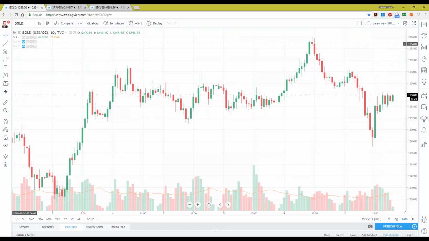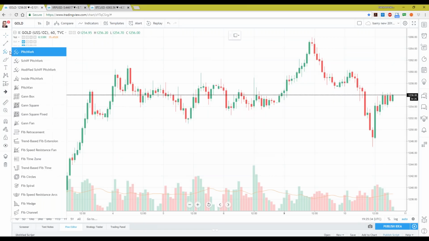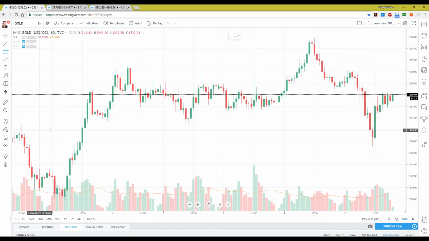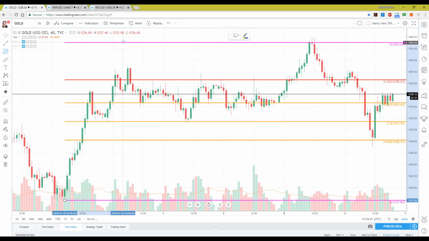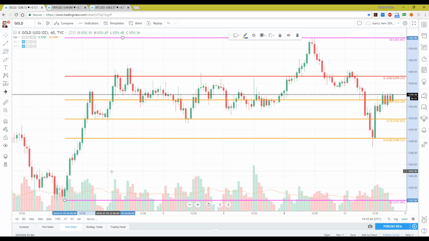If we were to go over here and drop on our Fibonacci retracement tool, we can see the price fell down exactly, look at that, to the 61.8 Fibonacci retracement, bounced off there, moved to 50, and it's now hanging at that critical 38.2.